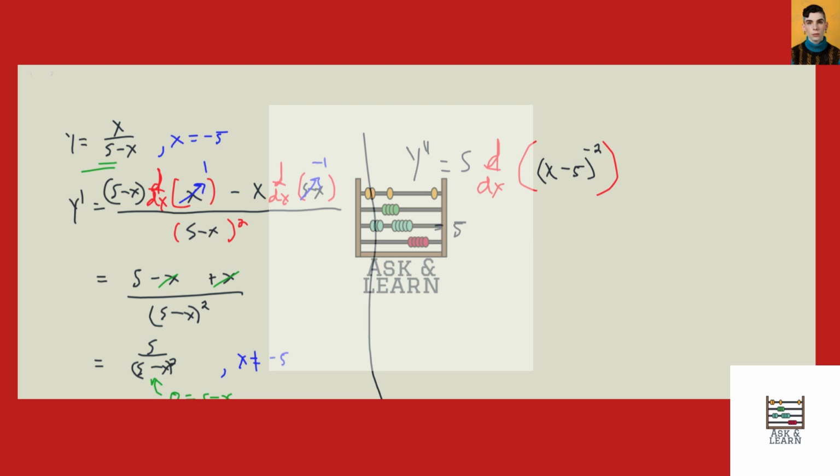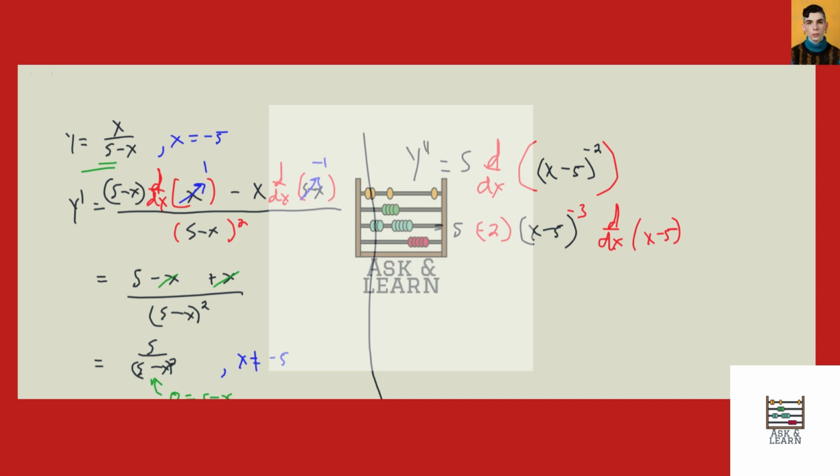So we will end up with 5 times, the power I'd multiply out front will be negative 2. And then x minus 5 now to the negative third power. And then we need to take the derivative of what we have on the inside, which is x minus 5.